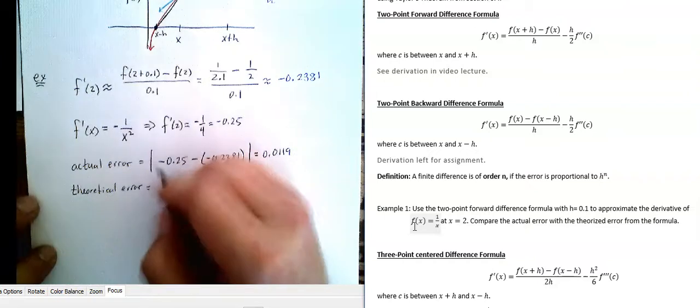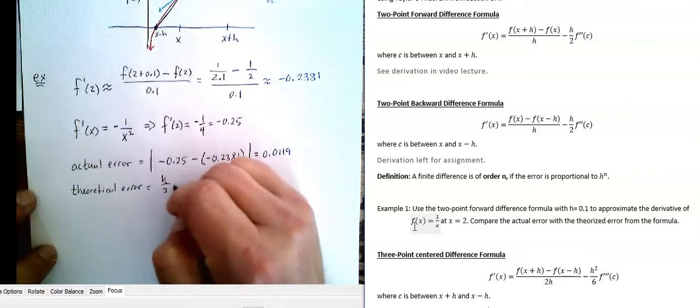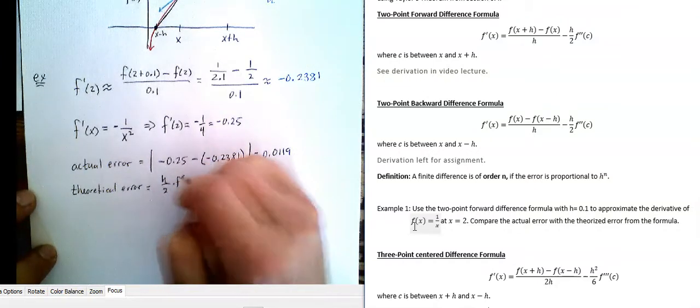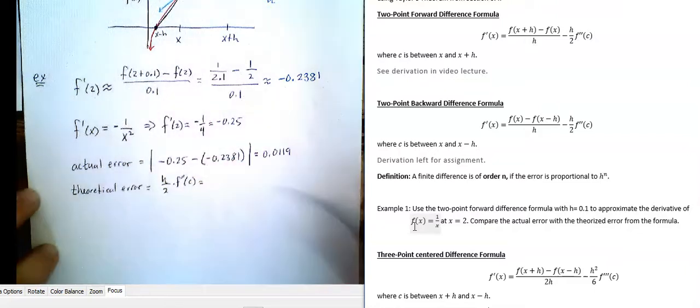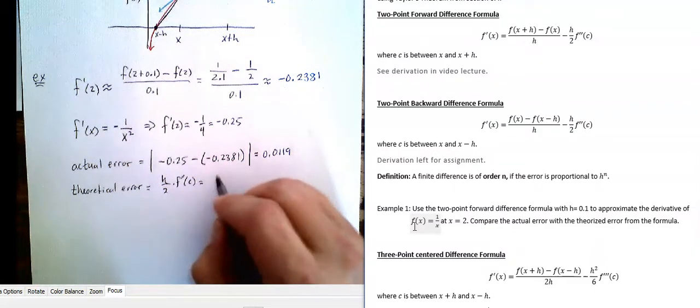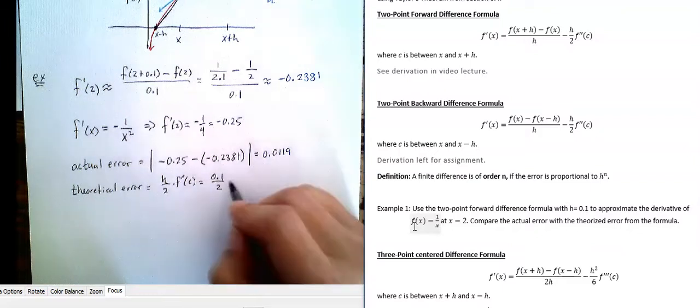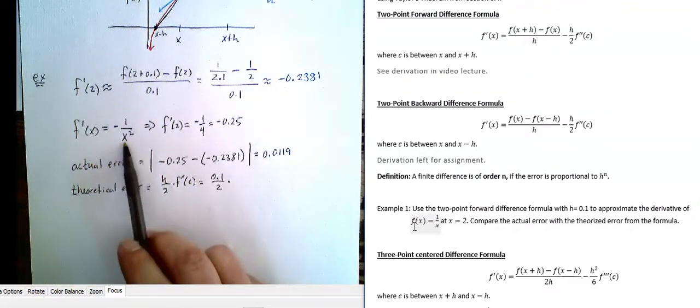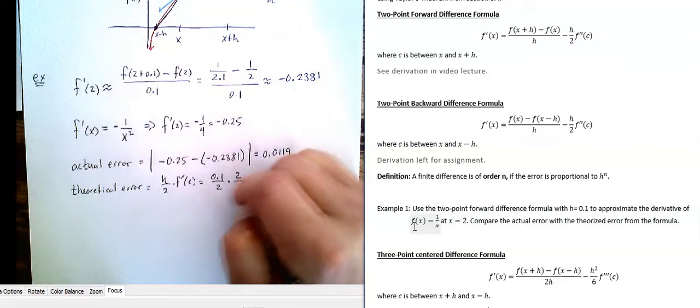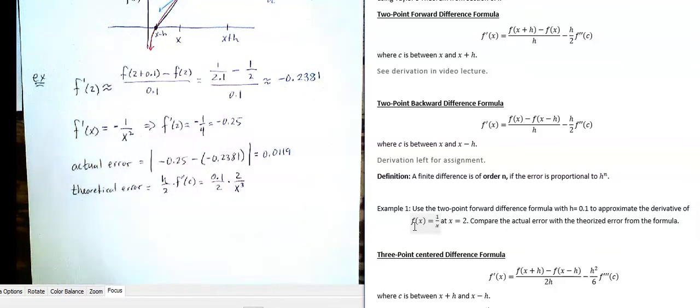So we know that this is h over 2 times f double prime at c, which would be our h, which is 0.01 over 2, times, well, what's the second derivative of this function? That is 2 over x cubed.